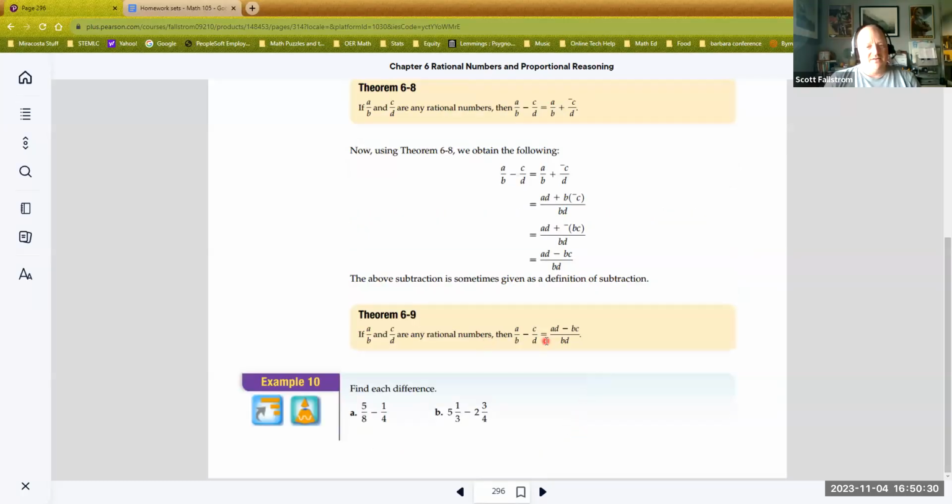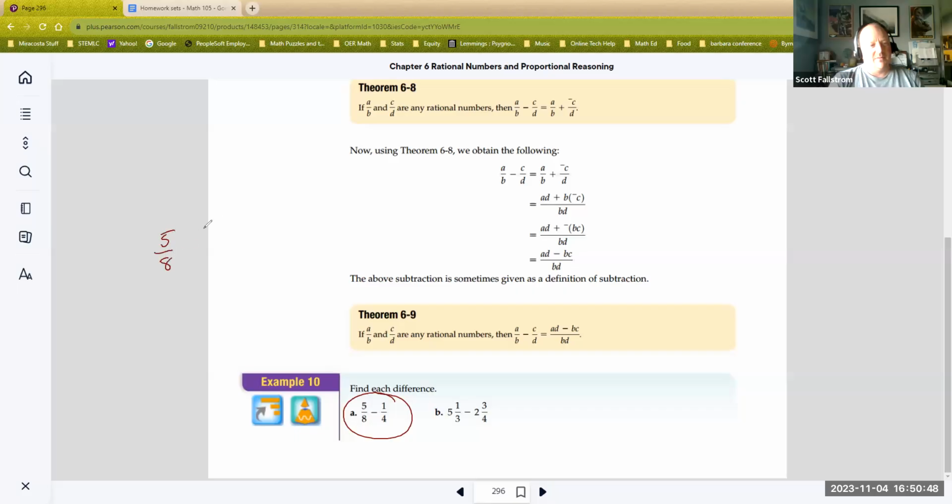And lastly, this is very similar to addition. You might recognize it. I fluff them both up, and then I just find the difference in the numerators. So when you are trying some on your own, if you see something like 5/8 minus 1/4, you can just fluff it so that you get a common denominator.